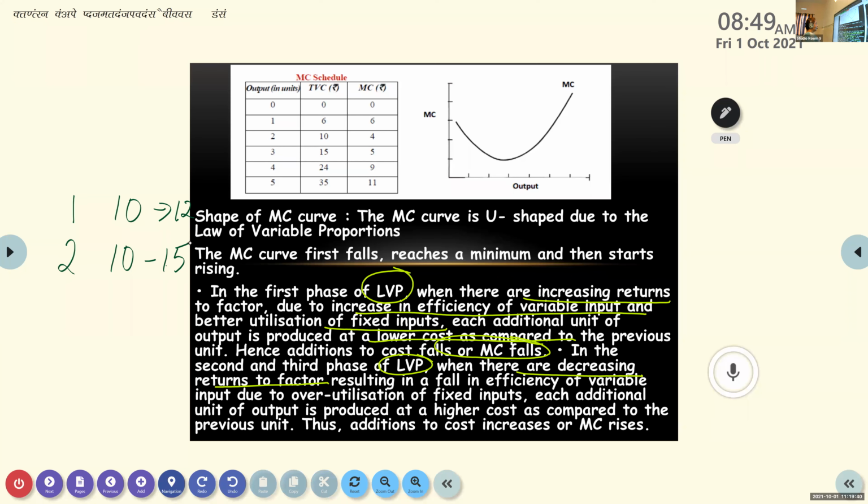Now you can see it results in more, 26. So what does this show here? With that second unit, how much has the output increased? This is total production output. This is fixed cost. This is variable cost or variable input.